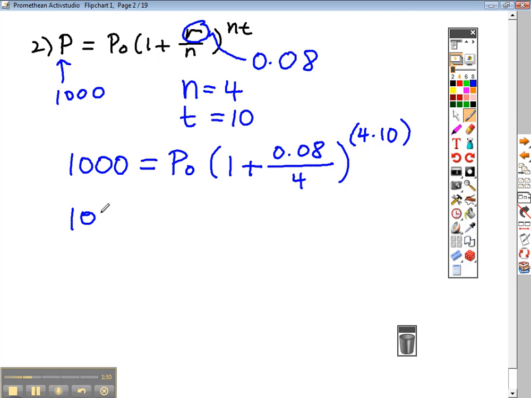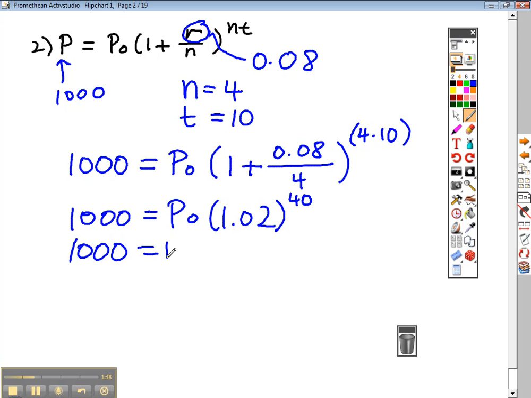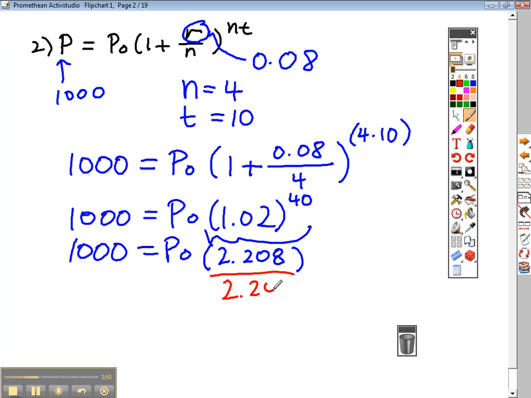If you work it out, you get 1,000 equals P sub 0 times 1.02 to the 40th, and this part, raised to the 40th, is about 2.208, or roughly that. And if you divide both sides by 2.208, the answer for P sub 0, which is what we're looking for, should come out to be 452.89.